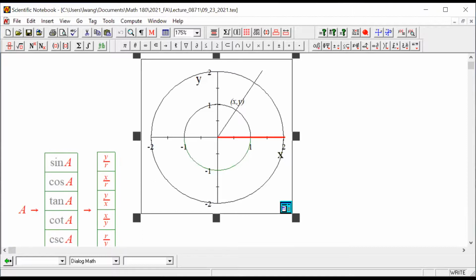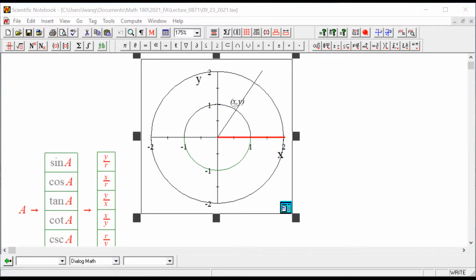Okay, by definition, if I work with a non-unit circle, the meaning of x, the meaning of y, would be the point on the circle, because I pick arbitrarily any point on the terminal side. I'm quoting the definition. Do you guys hear me?